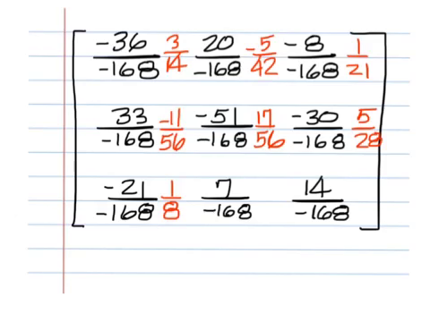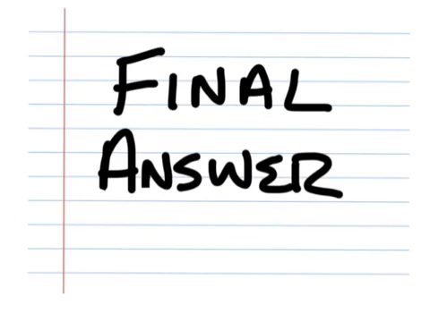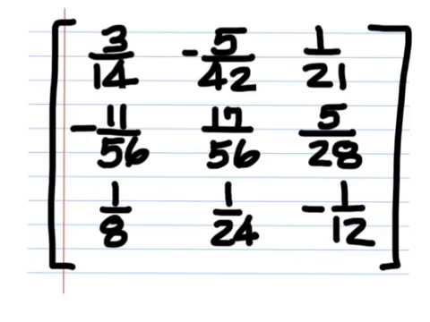And row 3, column 1 is 1 over 8. Bring up the next one. 1 over 24. And the last one, negative 1 over 12. The final answer should look like this.